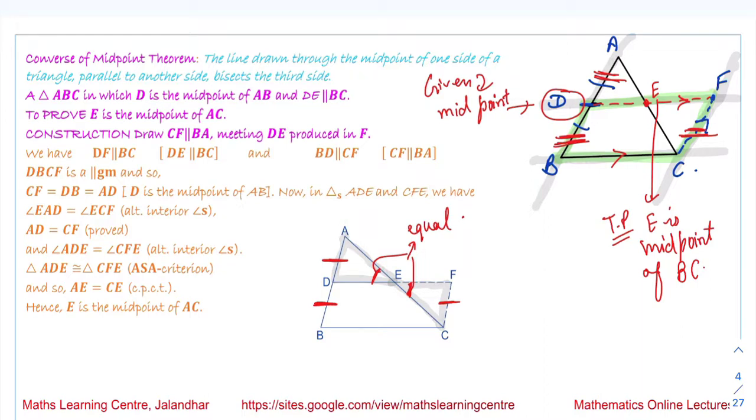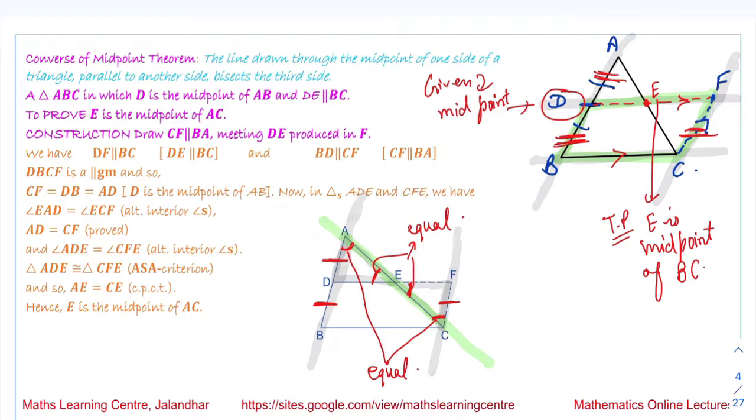Next, the line AD and the line FC are parallel to each other. AC is the transversal, so the angle at A and the angle at C are equal to each other.